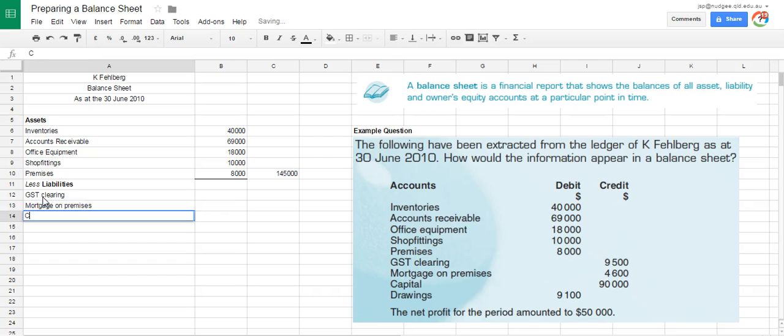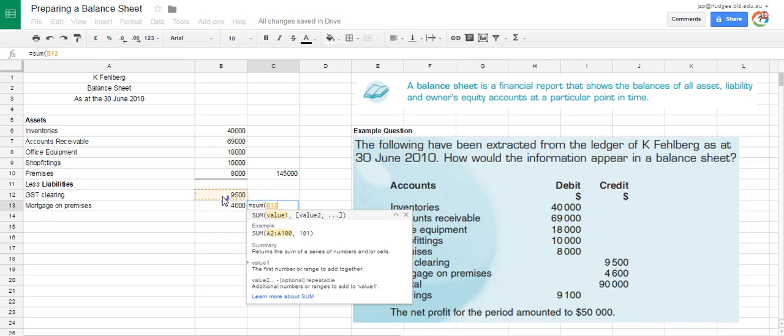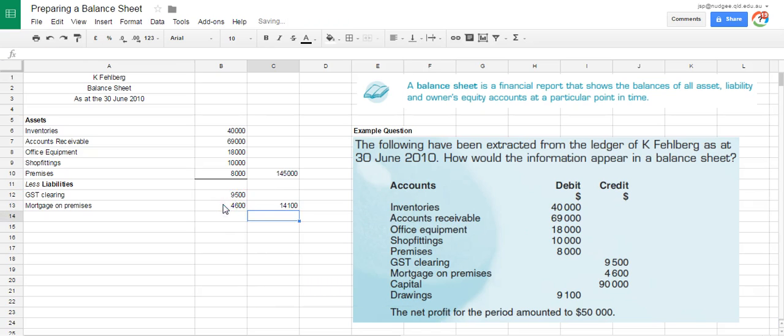Make sure you get your wording the same. That's it. They're our only liabilities. So 9,500, 4,600. Now I can add those together. Now I'm going to underline that to say that we did some maths on it.